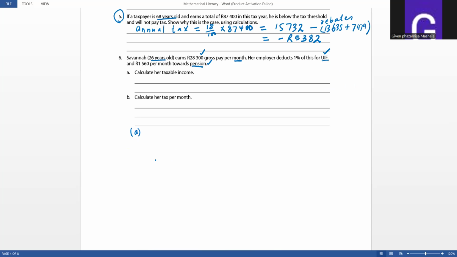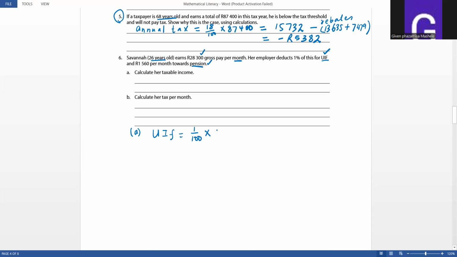To calculate the deductions, first we need to calculate the UIF because we're given the 1%. So let's now calculate the UIF.